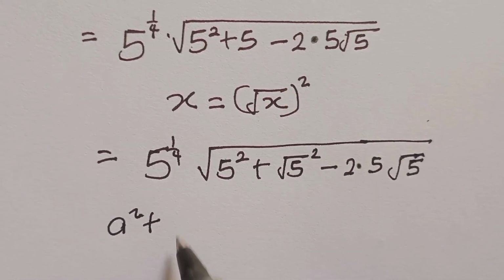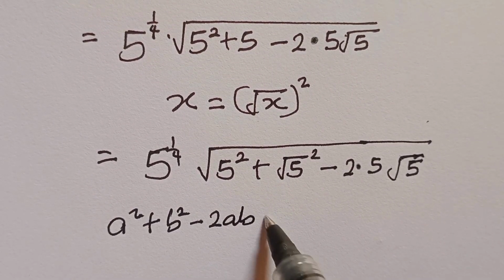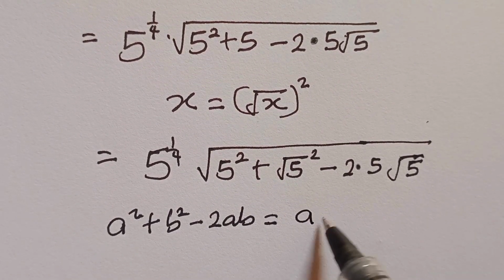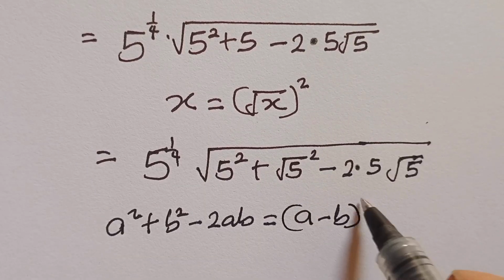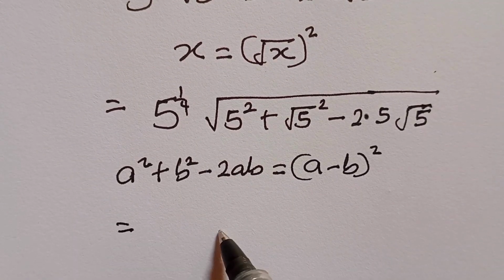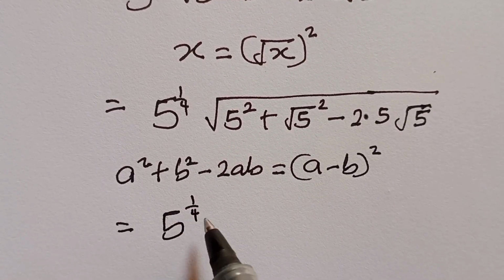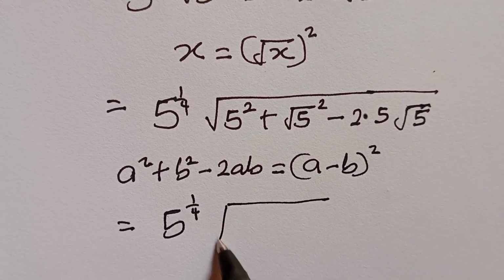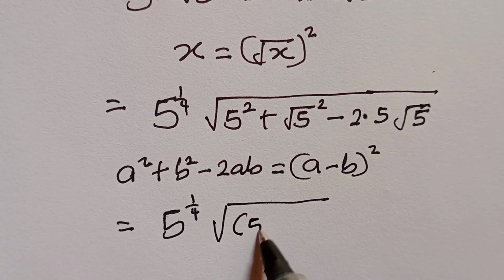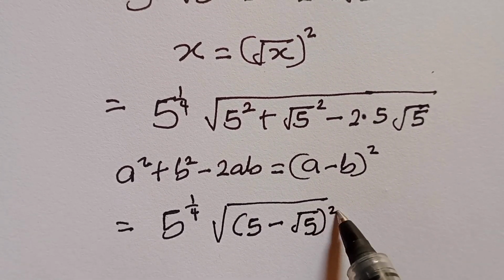And if you have a squared plus b squared minus 2ab, that simply gives us a minus b squared. That is, if you expand a minus b squared, you will result to a squared plus b squared minus 2ab. Applying this to what I have inside the square root, I will now be having 5 minus square root of 5, everything squared.